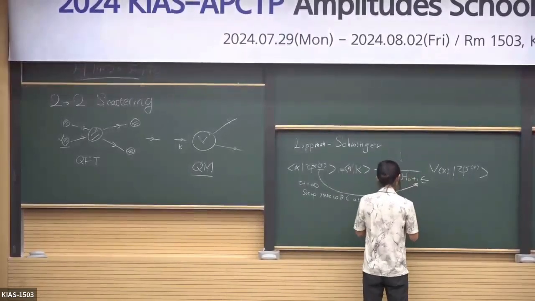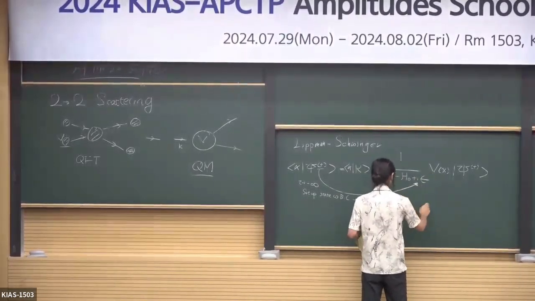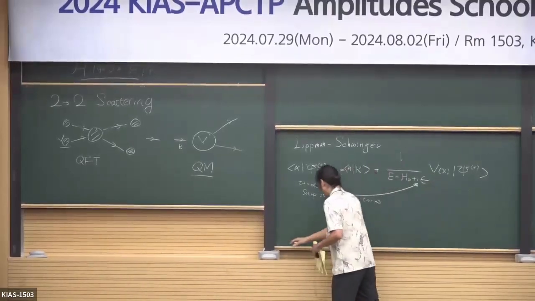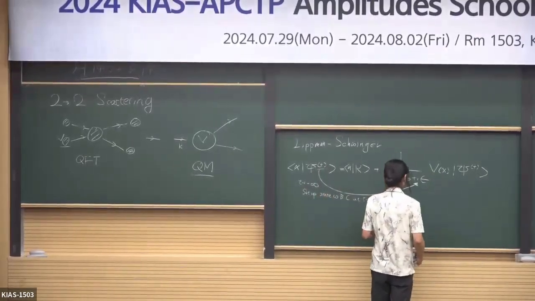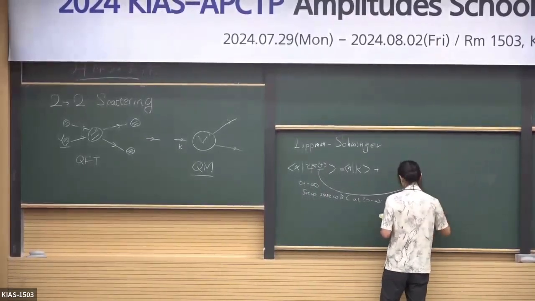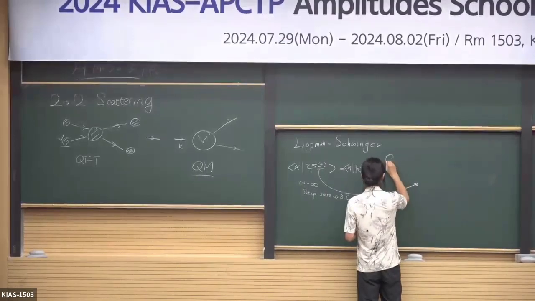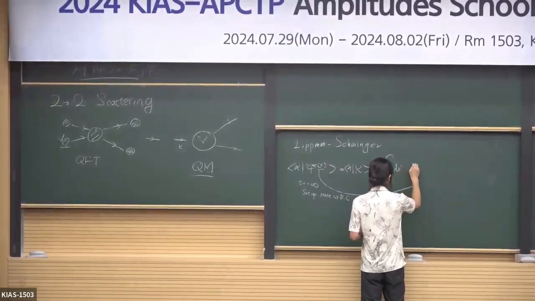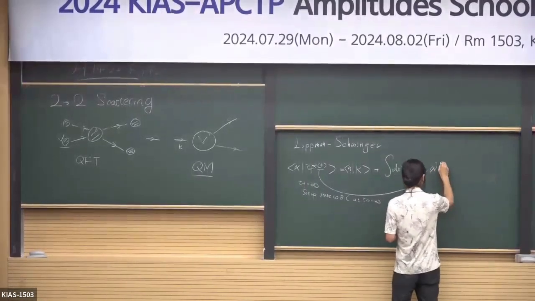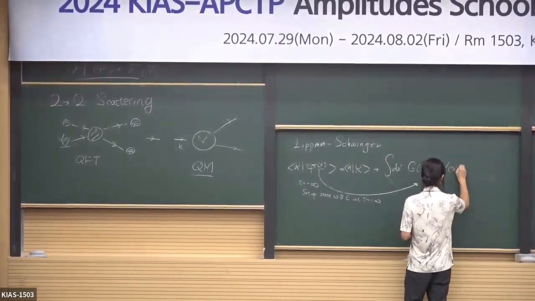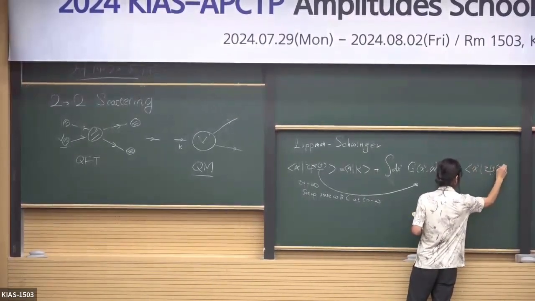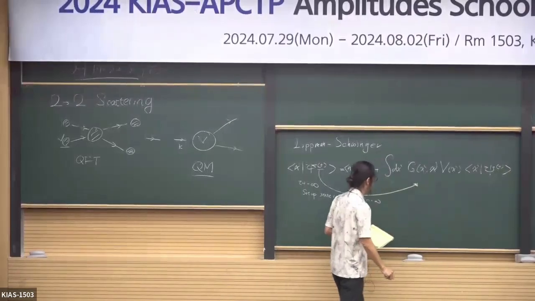And here, as you sandwich both sides with x, this becomes an integration over dx prime with the free Green's function, and then x prime.